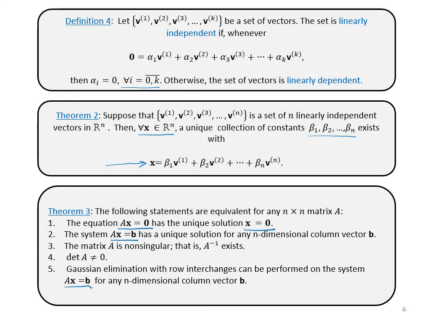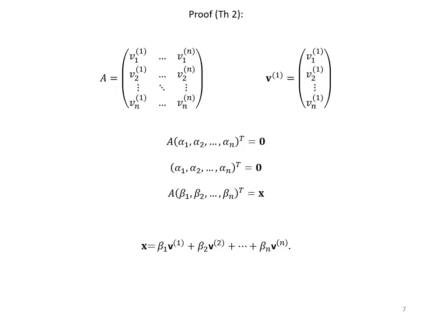Now let's prove theorem 2. Let A be the matrix whose columns are vectors v1, v2, vn. Let's write it down.